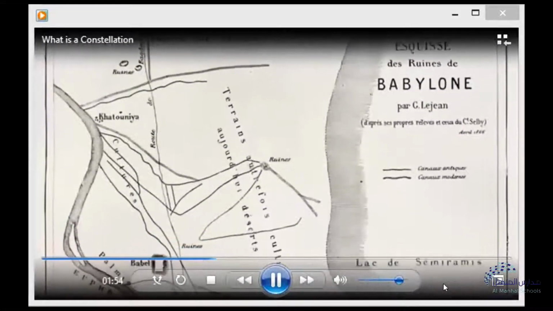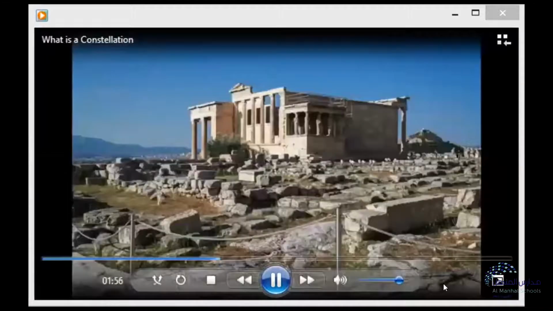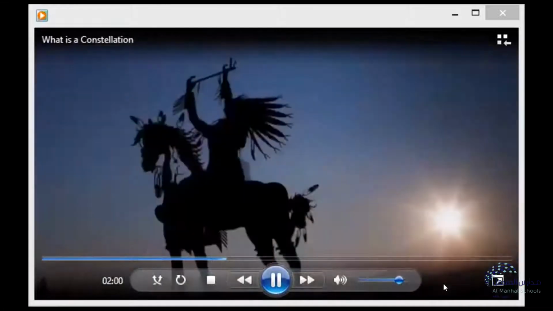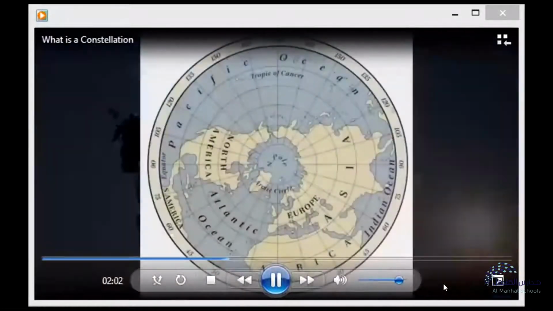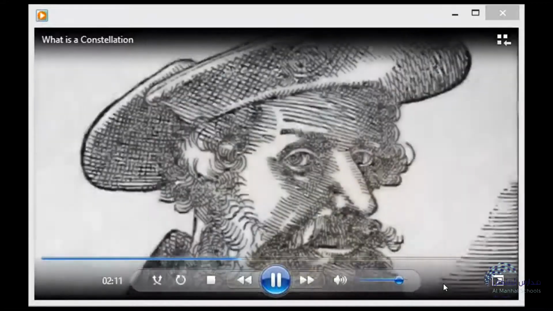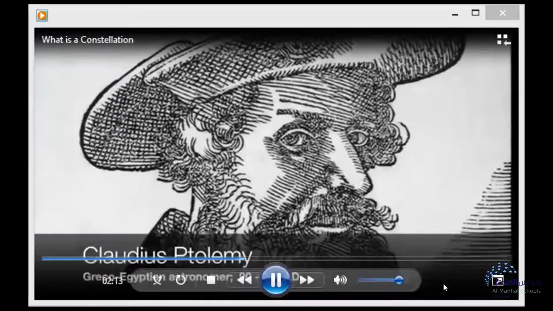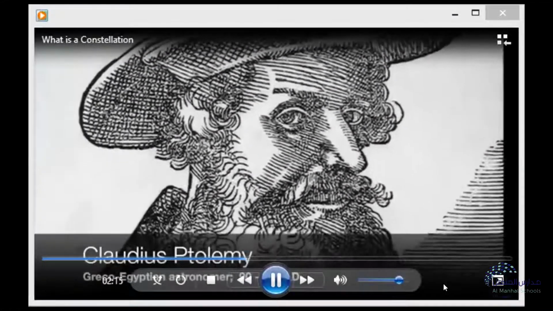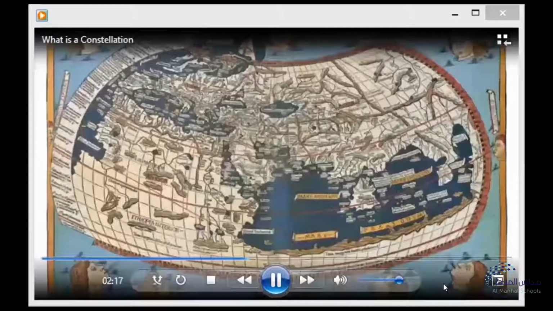Most ancient civilizations, like the Babylonians, the Greeks, the Romans, and the Native Americans, lived in the northern hemisphere, so they were only able to label stars that were visible in the northern latitudes. Greco-Egyptian astronomer Ptolemy identified and cataloged more than 1,000 stars and 48 different constellations.